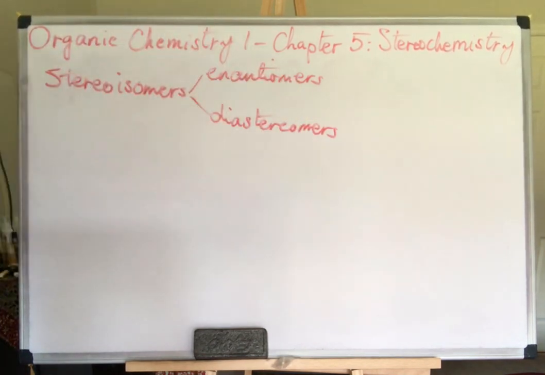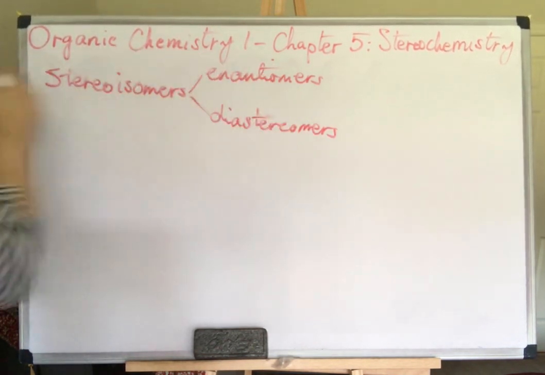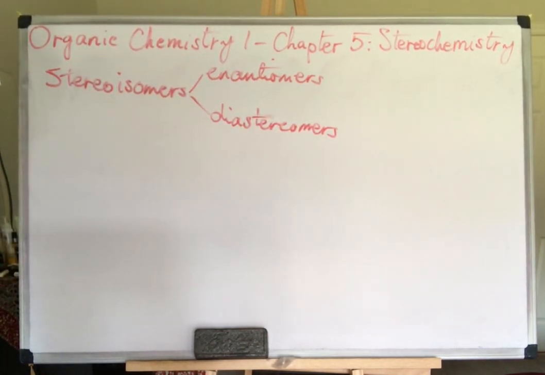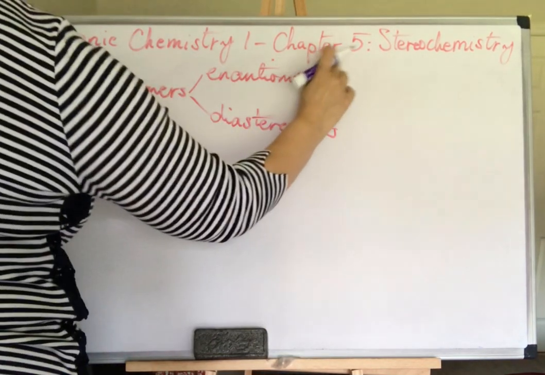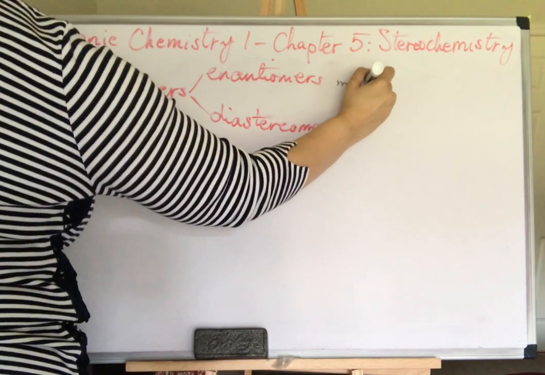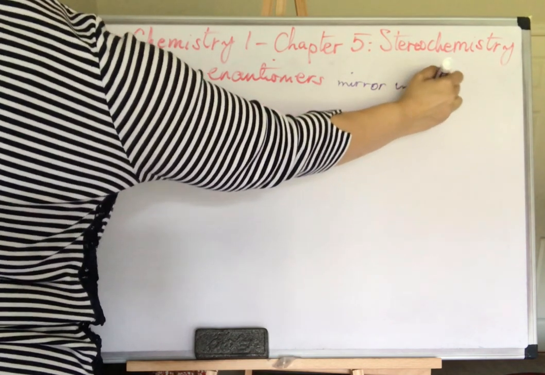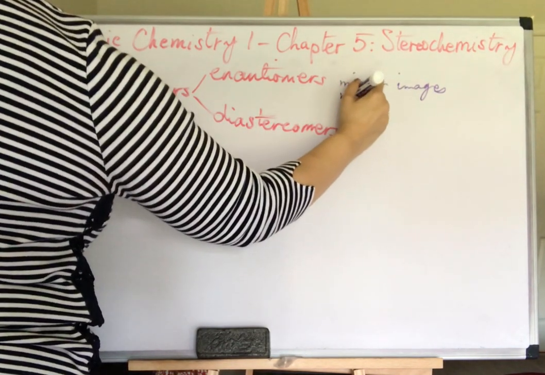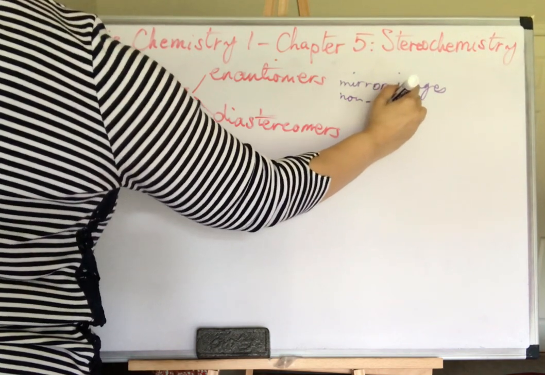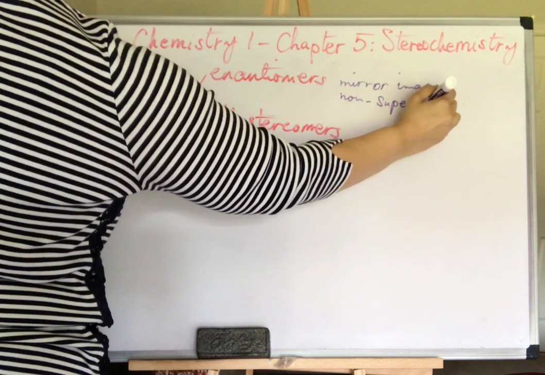Diastereomers. The difference between enantiomers and diastereomers is that enantiomers were mirror images and non-superimposable, right? Mirror images. Non-superimposable.